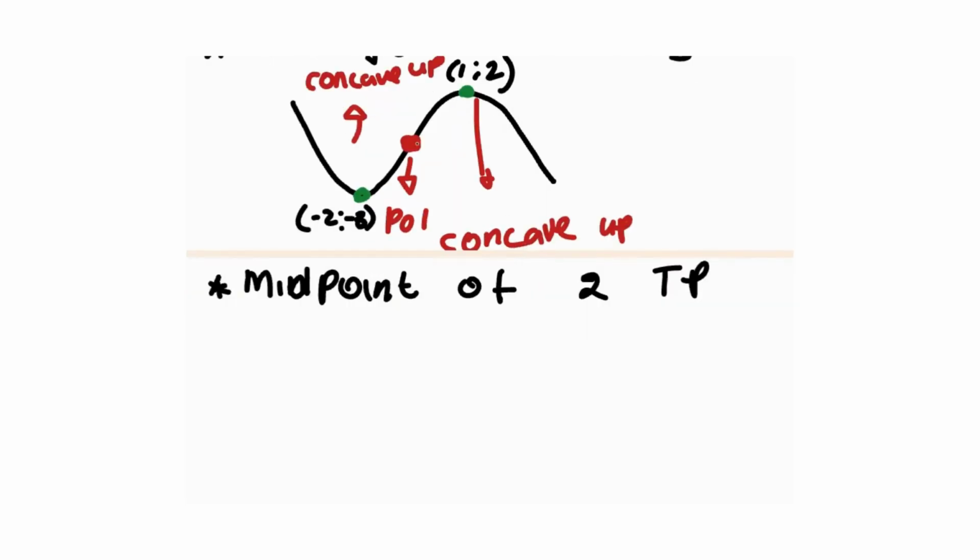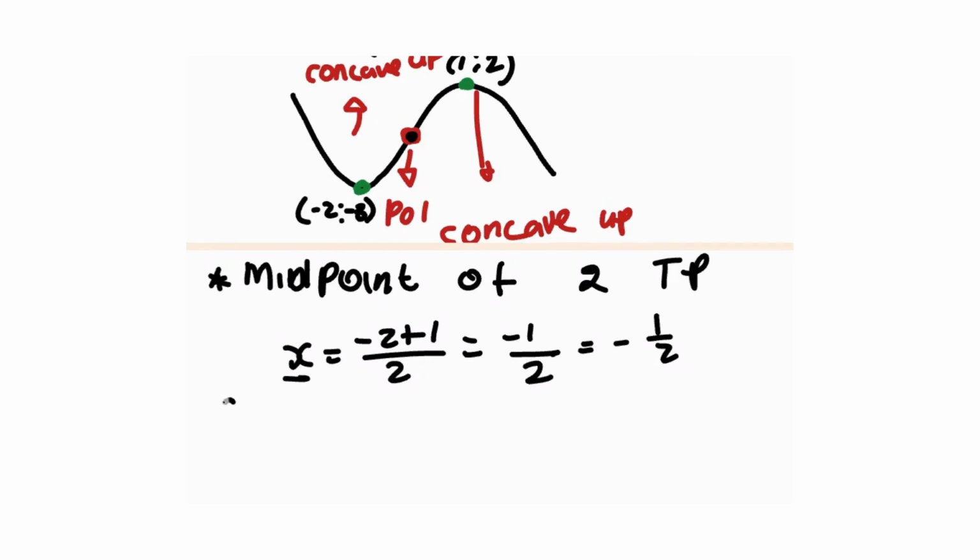To find the x coordinate, x would be -2 plus 1 divided by 2, which is -1 divided by 2, and that is -1/2. That is the x coordinate of your point of inflection. And in order to find the y coordinate, you are going to substitute that x into the original equation of your f at x. So that is the first method to calculate the coordinates of your point of inflection.